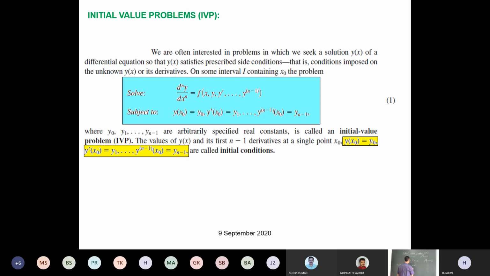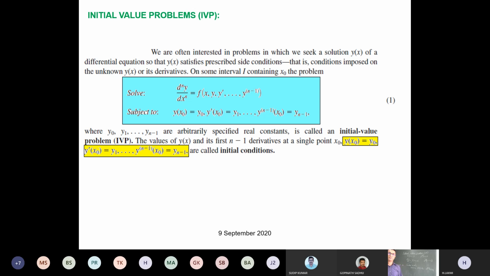The first thing is your y of x naught, and so on, and eventually something like this.